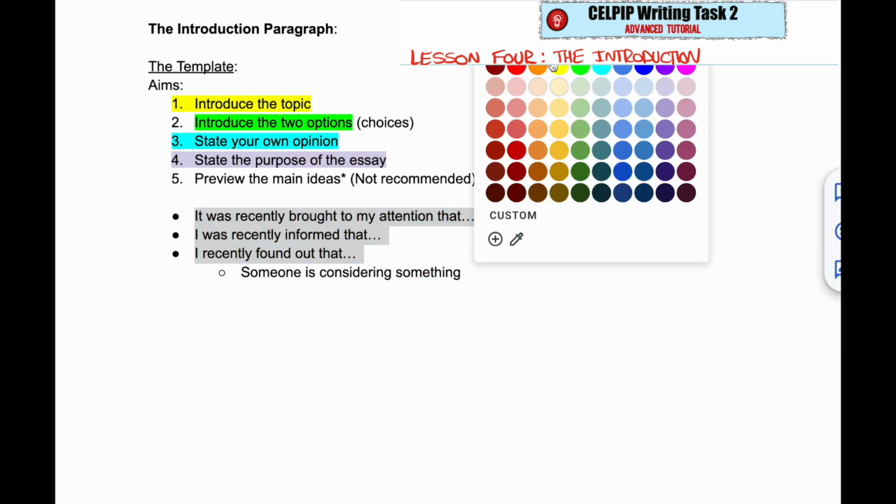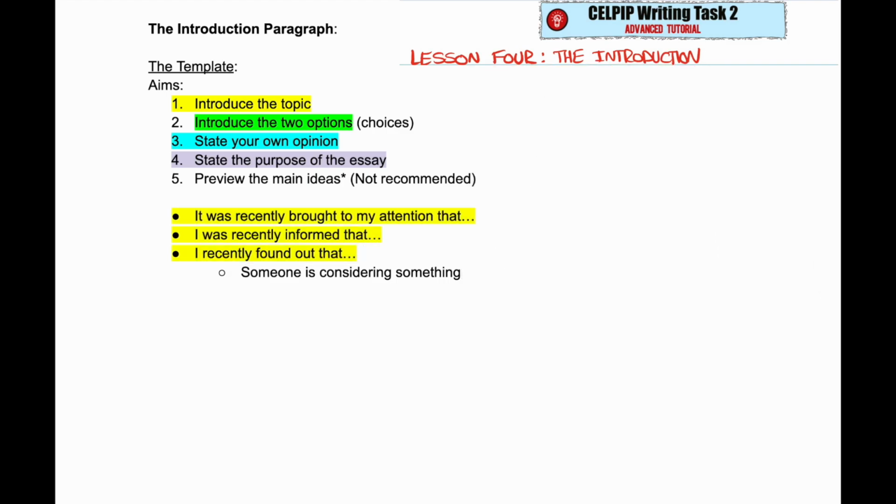Okay, now that we've introduced the topic of the survey, we now have to review the two choices. To do this, you can use one of the following structures. The structure is simple. You basically say, while some argue that choice B, I personally feel that choice A. So, with this structure, you're introducing the choice you want to reject in the first blank, and you present your own opinion in the second blank.